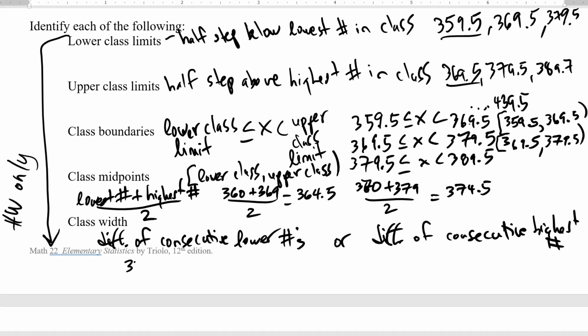The difference between 370 and 360 is 10 numbers. Or I could go, well, the first highest number is 370. The next highest number is 380. 380 minus 370, there are still 10 numbers between them. Okay? Once again, not tested, not an A-basket issue, but that will show up in the homework. So don't be too concerned about it. But definitely, if you needed help with it, I'd be happy to help you with those.